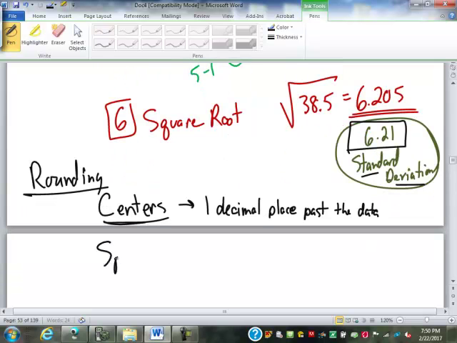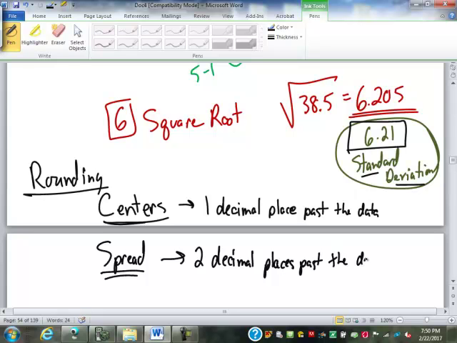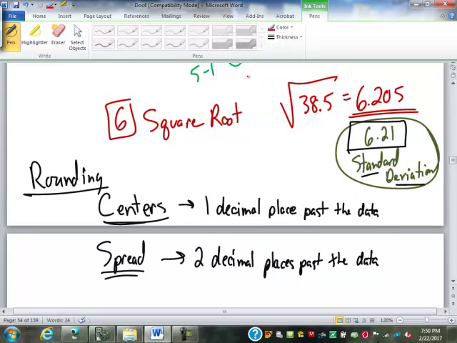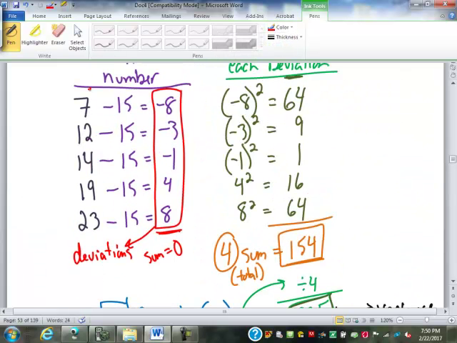For spread or dispersion, unless you're told otherwise, you round it 2 decimal places past the data. Can you explain again what you mean by data? Well, here the data values are these values right here. They're to the nearest 1. Okay, so this is the ones place.